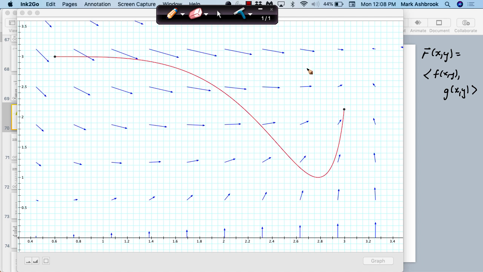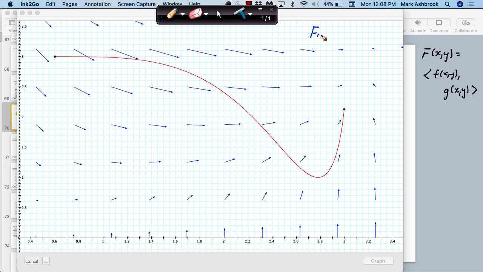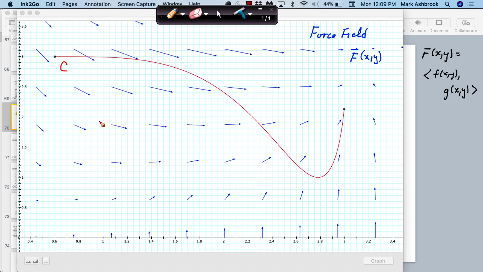So the easiest way to think about line integrals through vector fields, it doesn't have to be this, is if this blue vector field was a force field. So we're in a force field, say F, like what I just wrote here. And then this is some path C through the vector field.